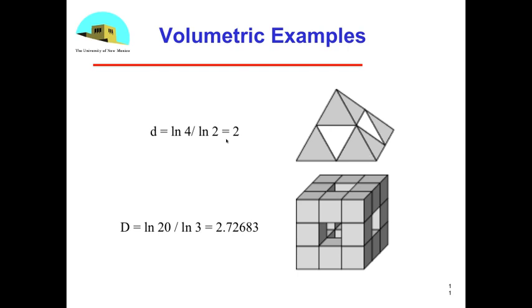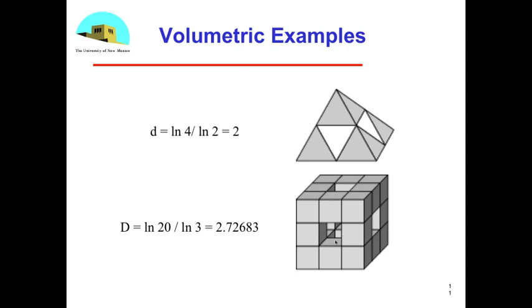I got that by scaling by a factor of 2, so the dimension of this object is natural log 4, since I created 4 tetrahedra, divided by log of 2, 1 over the scale factor. It turns out in this case that it just gives me 2, but it's not a simple two-dimensional object because it has three-dimensional points inside. It doesn't all live inside of the plane.